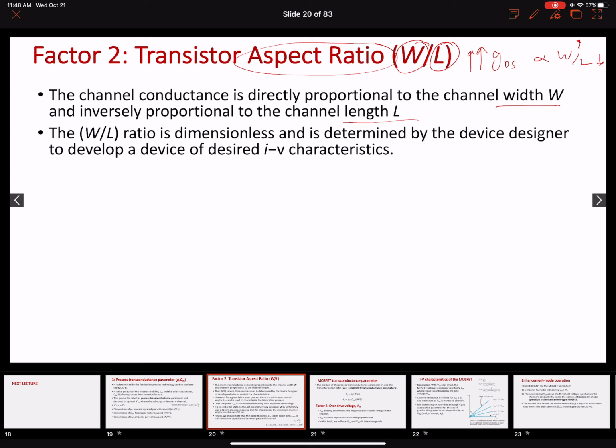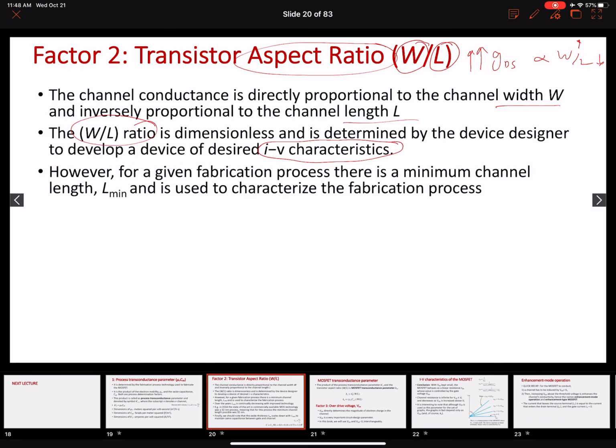What does operating the transistor in certain regions mean? This will become more clear in the next lecture. However, we have to operate the transistor on specific regions of this IV characteristic. So for specific applications, this W over L ratio is designed in specific ways.